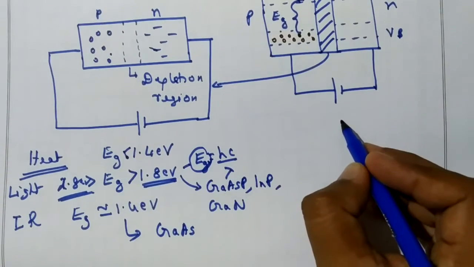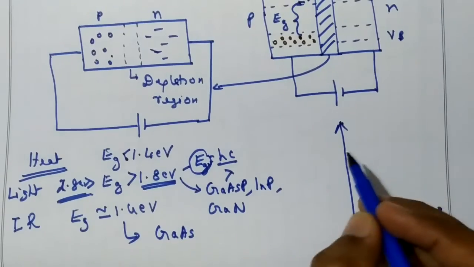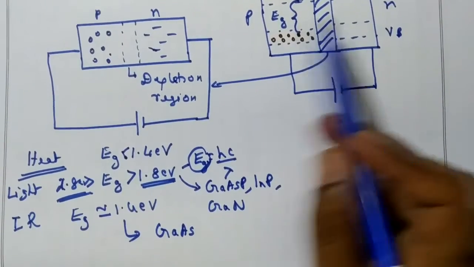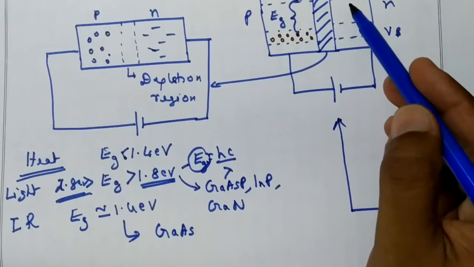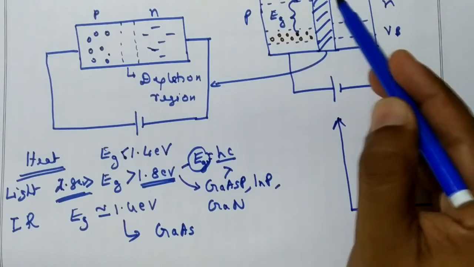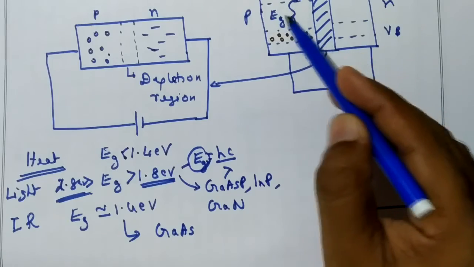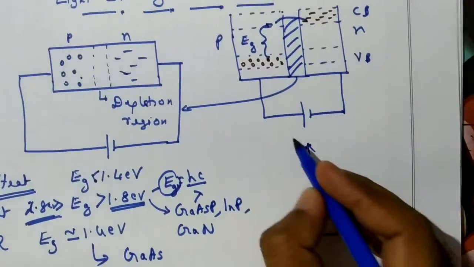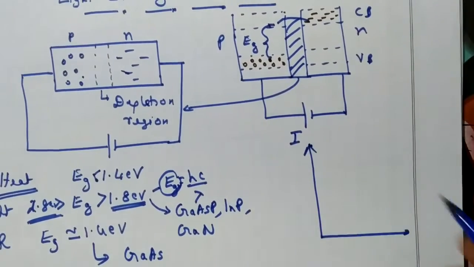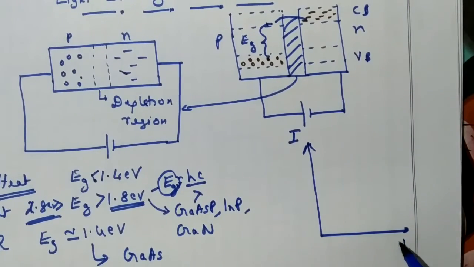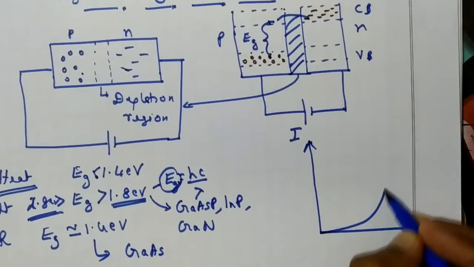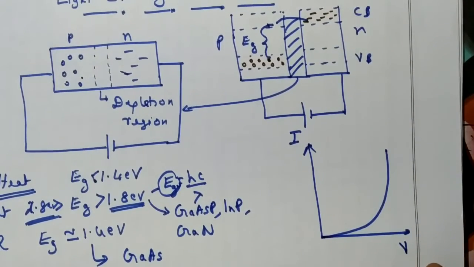Now, what are the characteristics? The forward characteristics, because the light will be emitted only when the diode is forward biased; only then do majority charge carriers cross the junction and recombination take place. Here this is the forward current, the current through the diode, and this is the voltage across the diode. Since it is a diode, the characteristics will be nothing but diode characteristics.